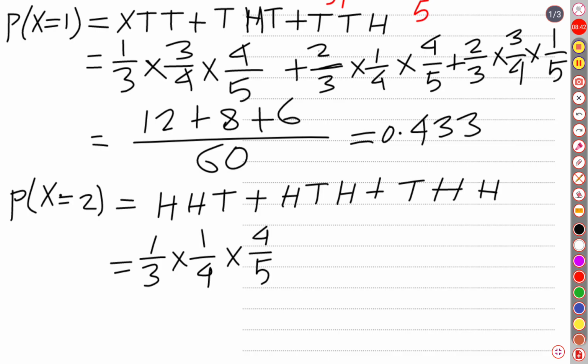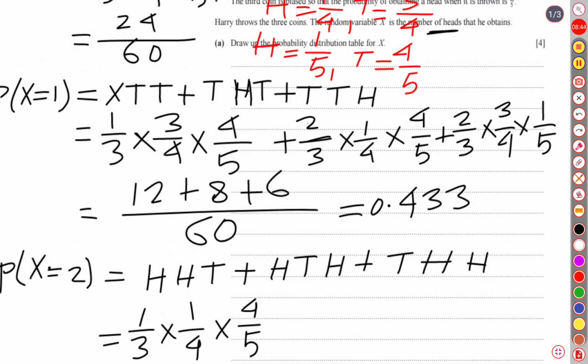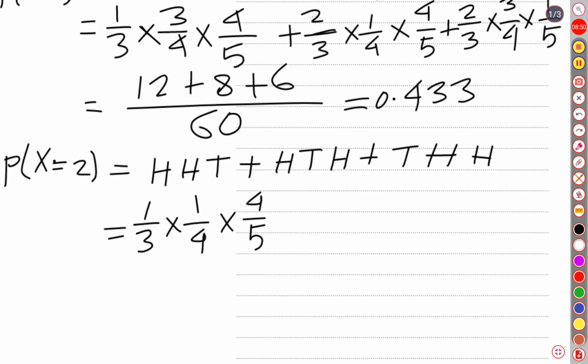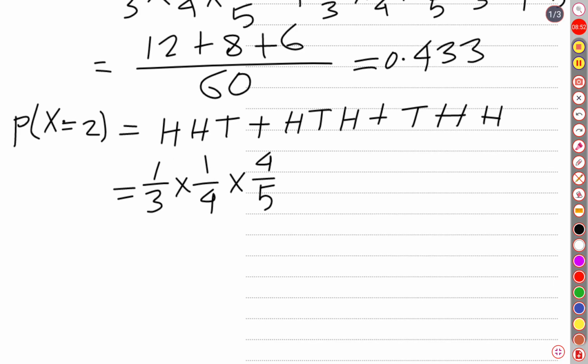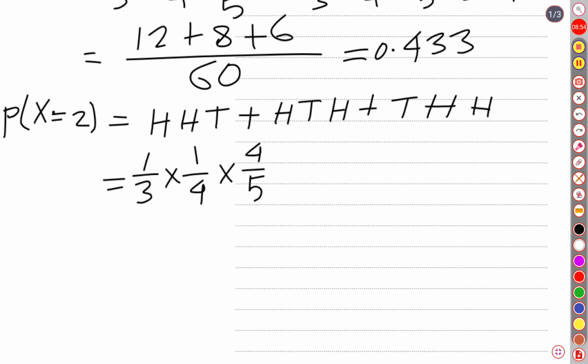Let me show you, here it is 4/5 for the tail of the third one. So this is the first case, and second case is, first one is head. For the first head, probability is 1/3. For the second tail, probability is 3/4, and for the third head, probability is 1 over 5.